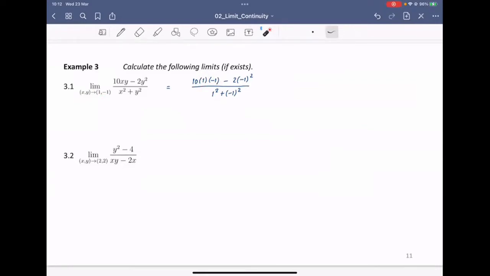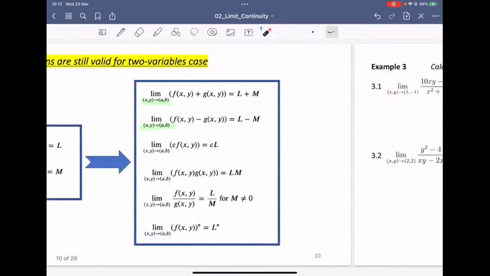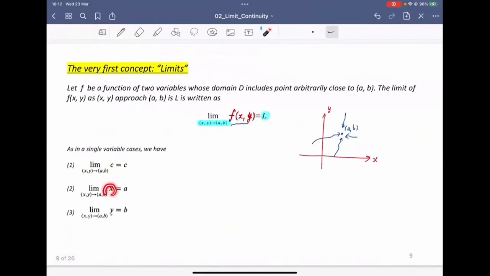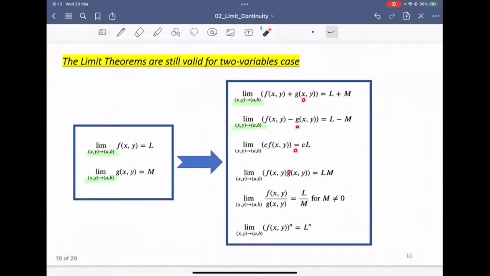This is okay because you have a theorem that you can plug in x by a, where x goes to a, and you can plug in y by b, where (x,y) goes to (a,b). And then also you have all the limit theorems here, which means if you see the quotient, you can break it up and do the limit for each part.